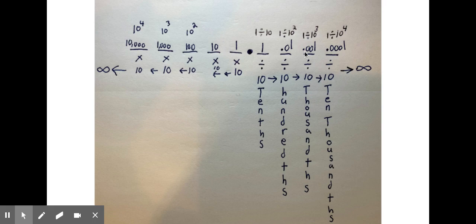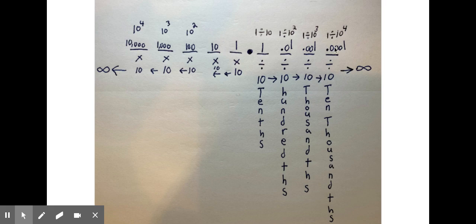Boom. And again, divide by 10 again. This place value is 10 times smaller than this place value, and this one is 10 times smaller than this one. Or this place value is 10 times greater than this place value, if you want to look at it that way.